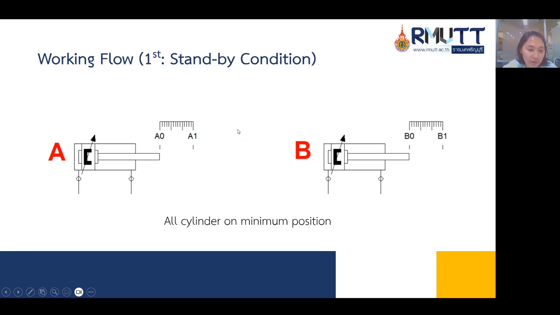This electropneumatic system has 2 double acting cylinders. The first is the standby condition, where all cylinders are in the minimum position, like in this one. A is in the minimum position with limit switch A0 for cylinder A, and cylinder B reaches limit switch B0.